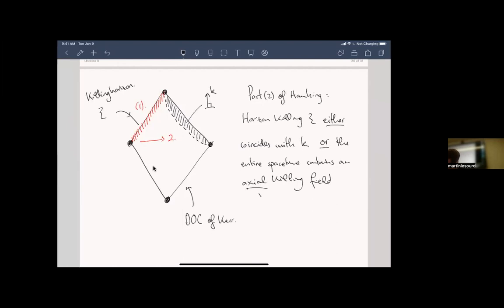And axial means tangent to generators of SO2.